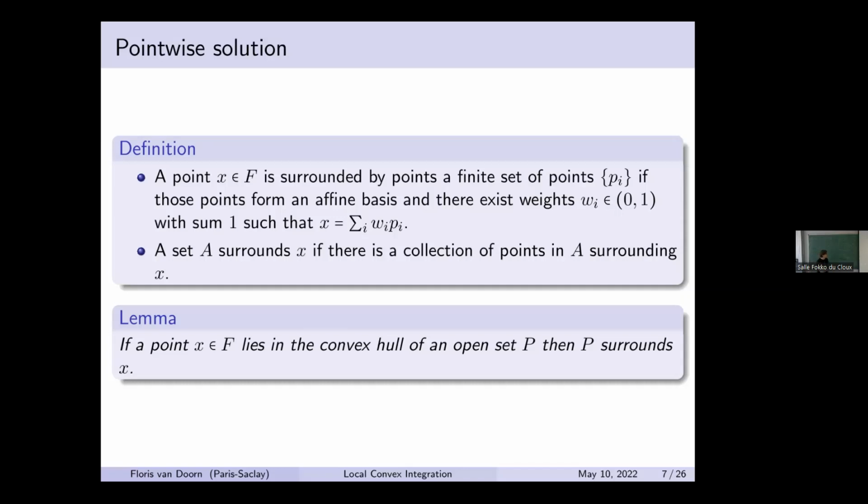In particular, it's important that none of these weights is allowed to be zero, that it's really in the interior. So these points form a polyhedron, and x has to lie in the interior of this polyhedron. And so a set surrounds x if we can find some points in this set surrounding x. So this loop surrounds x if the image of the loop has these points.